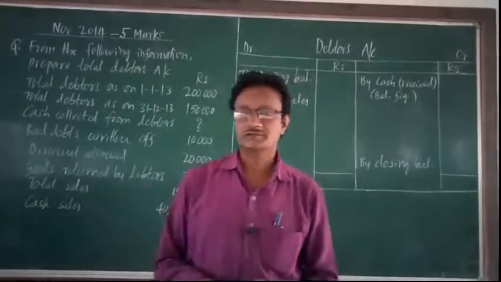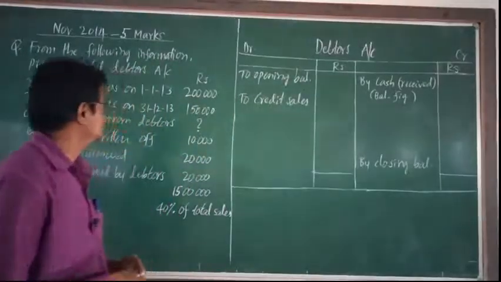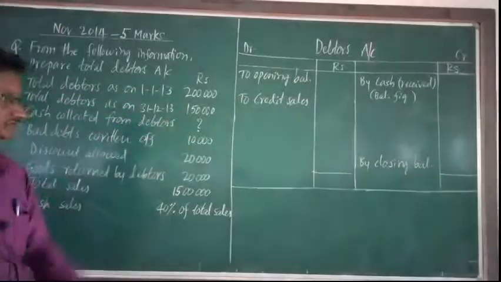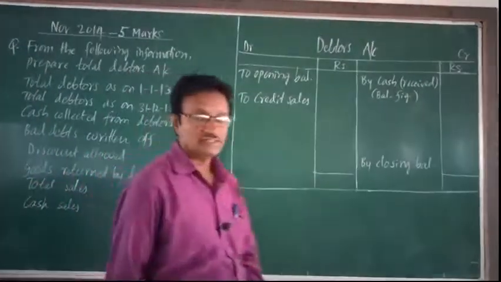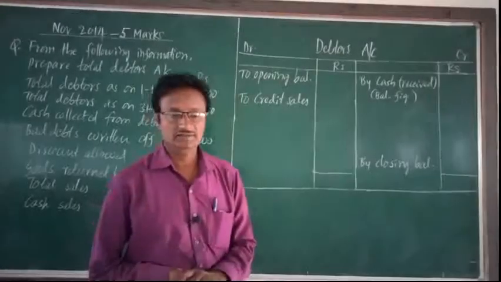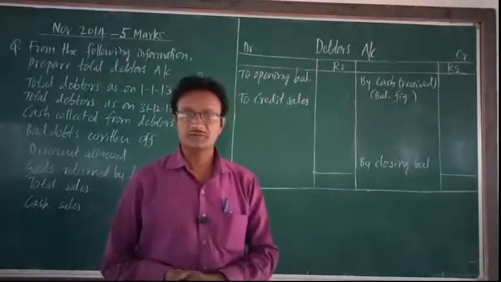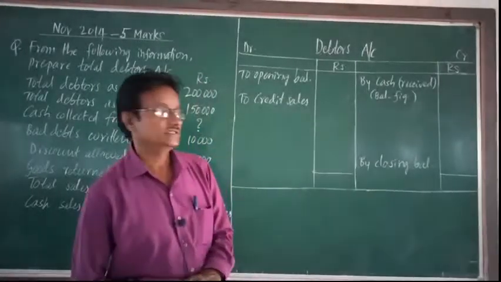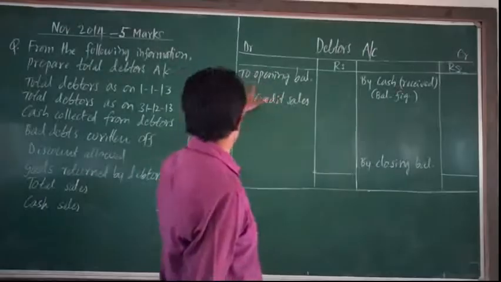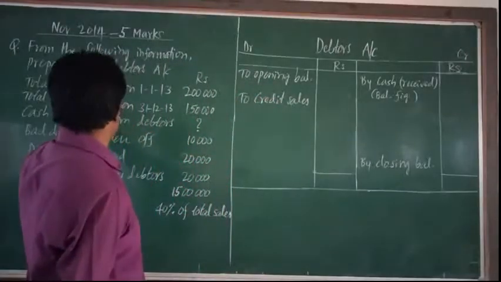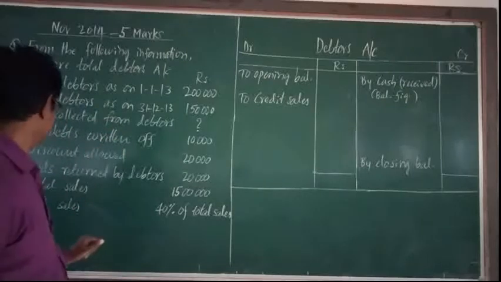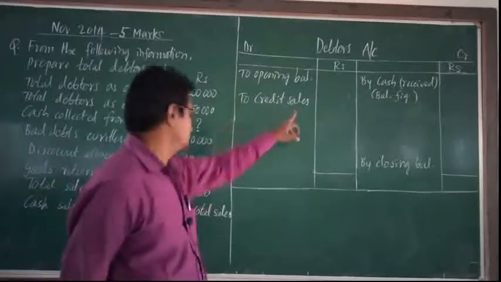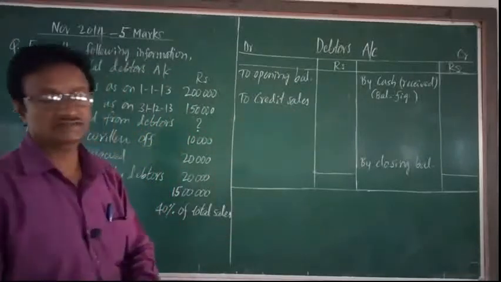Now these items have to be entered in the debtors account. Here, out of the 4 items, 3 are known and the 4th one is missing. Opening balance of debtors is given, closing balance of debtors is given, and we are also able to find credit sales from the total sales and cash sales.